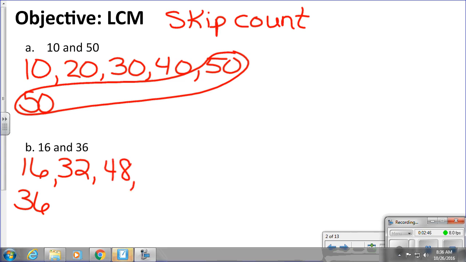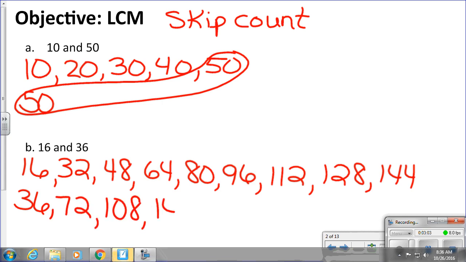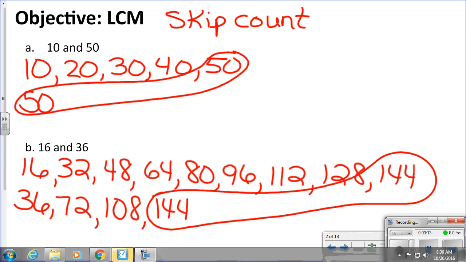To 48, to 64, to 80, to 96, to 112, 128, 144. Now obviously you didn't know it was going to end at 144 right off the bat, so you had to have some other numbers. Maybe you're a little bit further, maybe you're a little bit shorter and had to add to your list, but ultimately the least common multiple is 144.